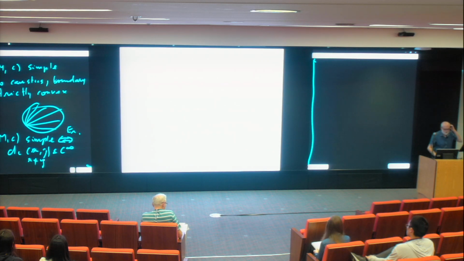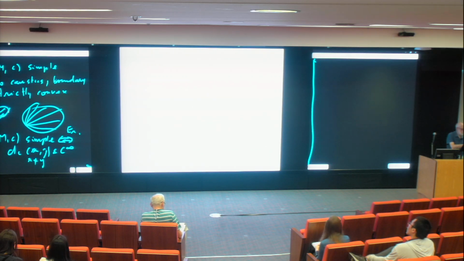It's continuous in general when you include x equal to y, but it's smooth otherwise. For instance, when you have non-convexity, you have this situation. So you have to go outside. So the distance function will change a lot when you go to this point, right? Because the geodesic has to go around to be inside the domain. So the distance function is smooth.